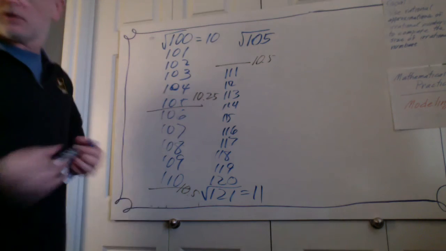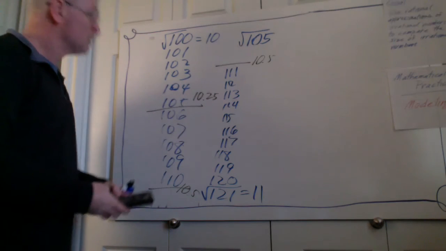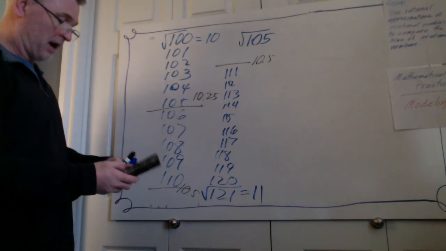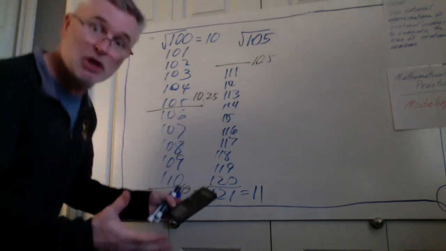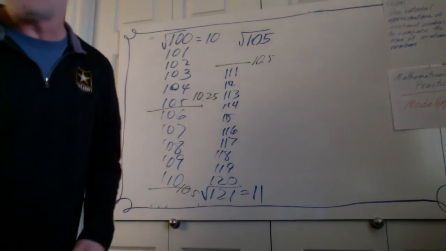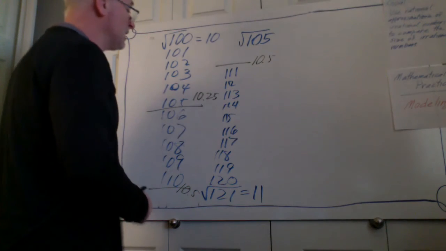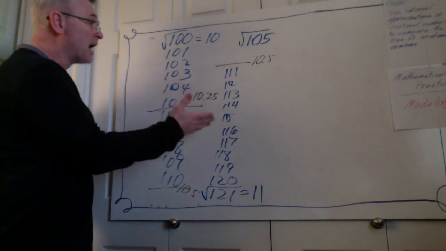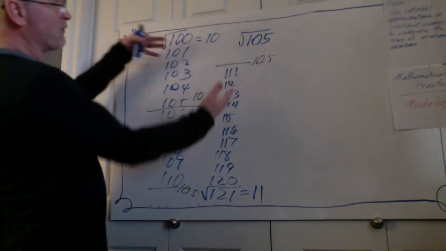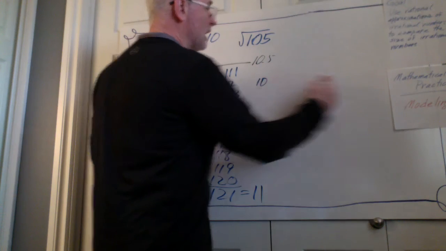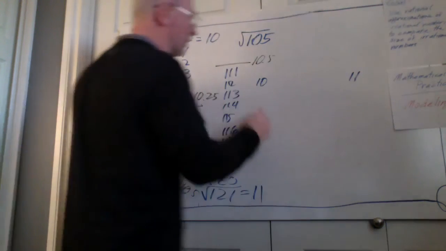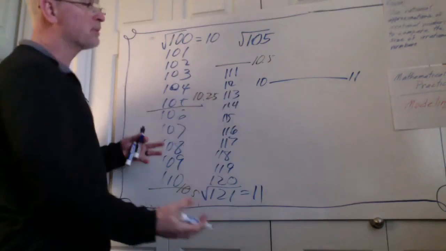All right. So this is an estimation again, but we're looking at 105, and I want the square root from it. And it's 10.25. Can you believe it? Darn, I'm good. All right. Anyway, 10.25. And it's just because, hey, how far was it? Well, I had a 10 over here and an 11 over here, and I had 20 places between them.